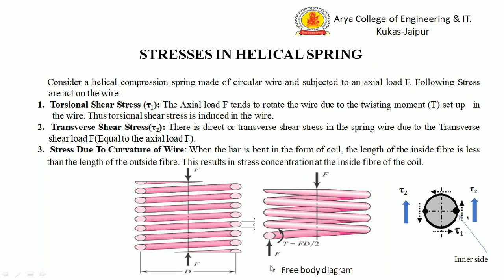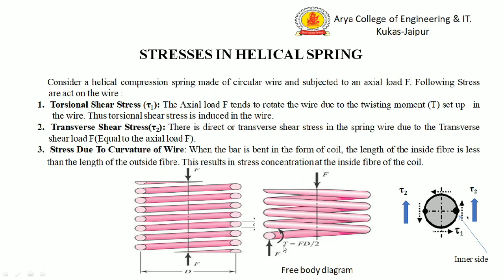To balance this torque or twisting moment, an anti-clockwise moment is produced at this section, which is equal to the force F and the perpendicular distance from the center line to this section, and this distance is d by 2.